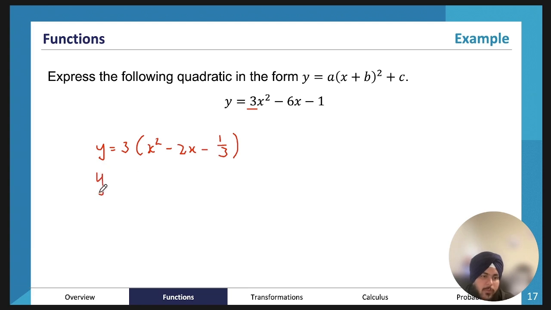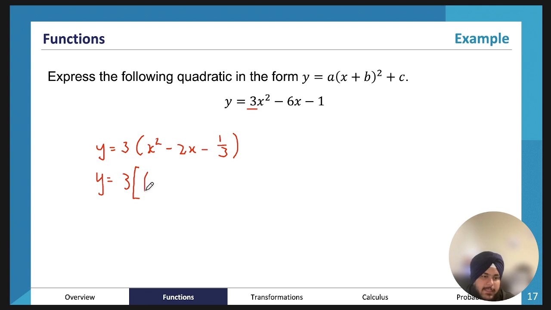So when we actually do the turning point, we can either just straight away use the turning point formula, or we can look at what we need to do, which is to make this a perfect square. So a perfect square is x squared minus 2bx plus b squared. Sorry, yes, plus b squared.